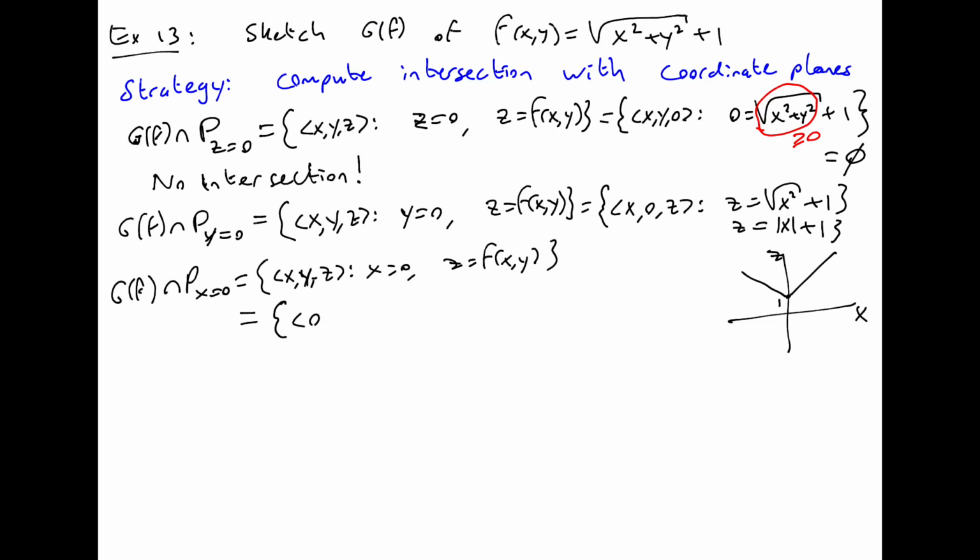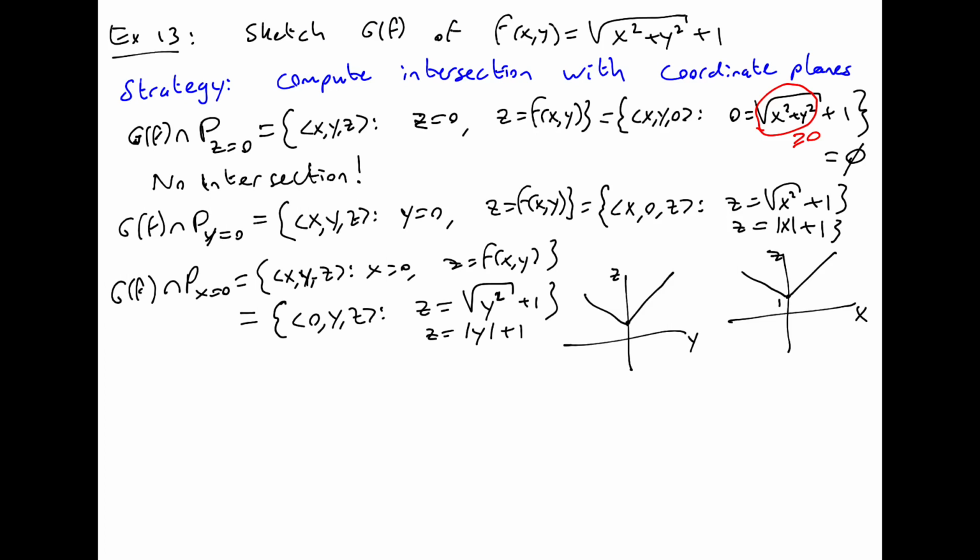Now x is 0, we get 0, y, z, such that z is equal to, we plug in x is 0, and then we get the square root of y squared plus 1. And again, this can be rewritten like this. So if we do a quick sketch of this in the yz plane, it will look the same. So that's how it looks in the yz plane, right?